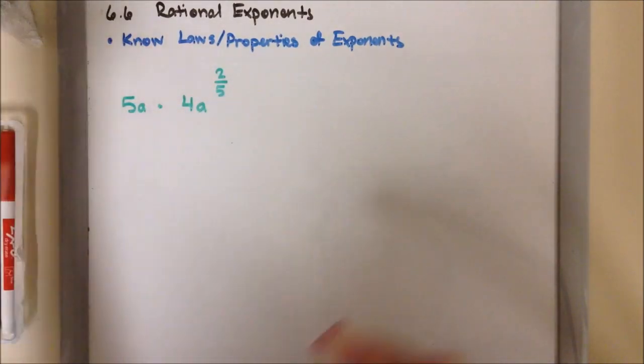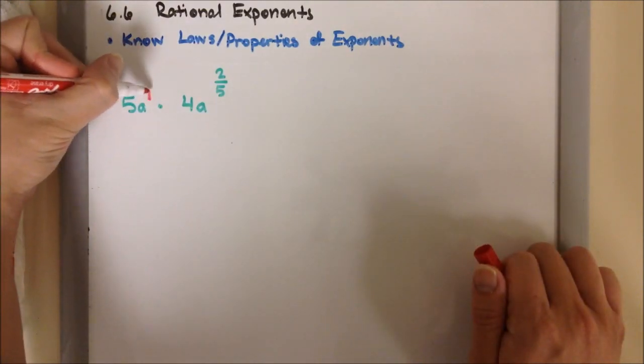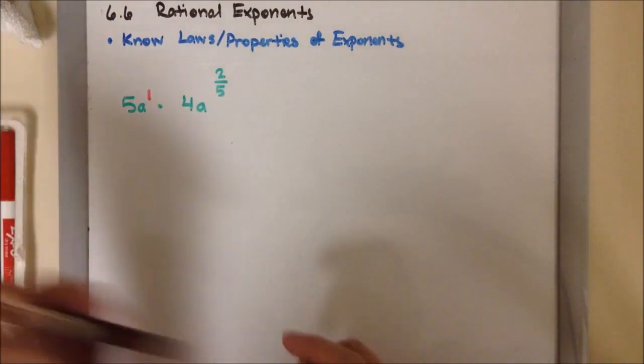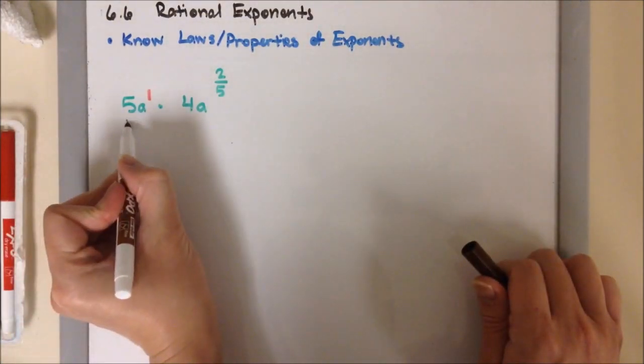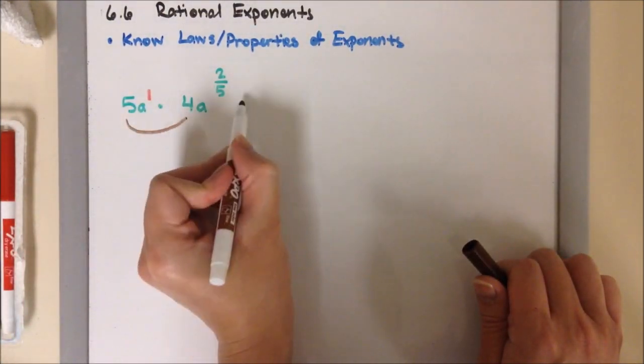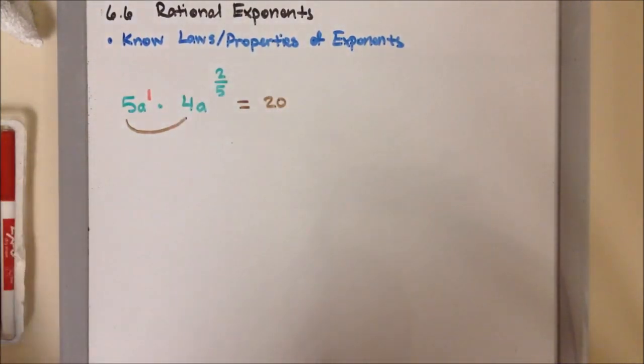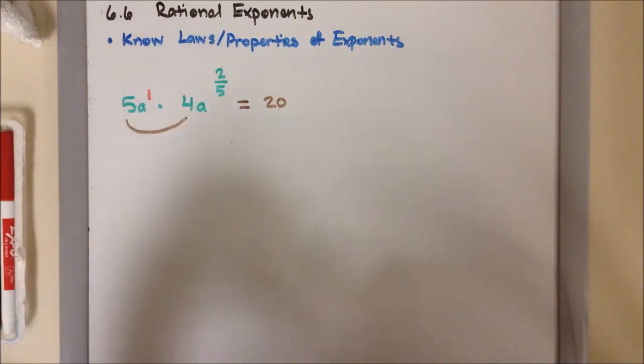So the a has an invisible 1 for the exponent. So just like before, I'm going to multiply my coefficient numbers. 4 times 5, that's 20. And then I'm going to multiply my a's together.